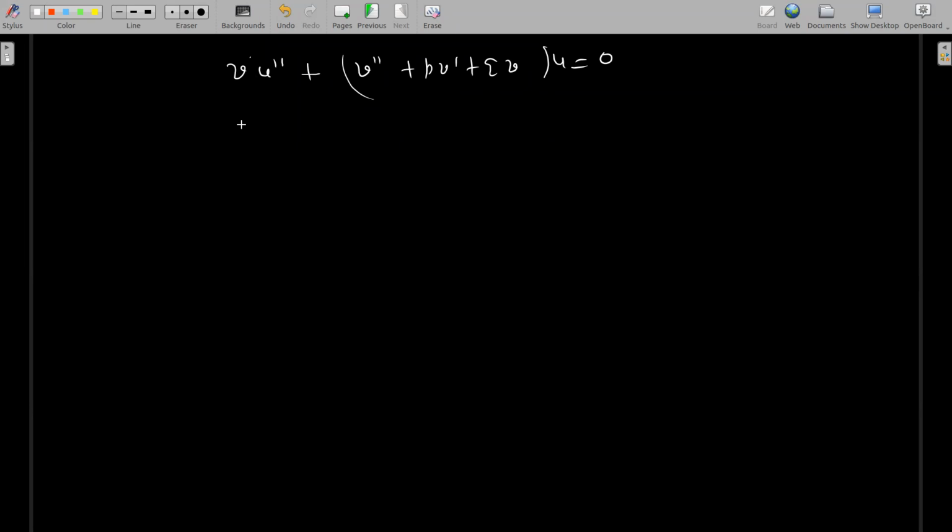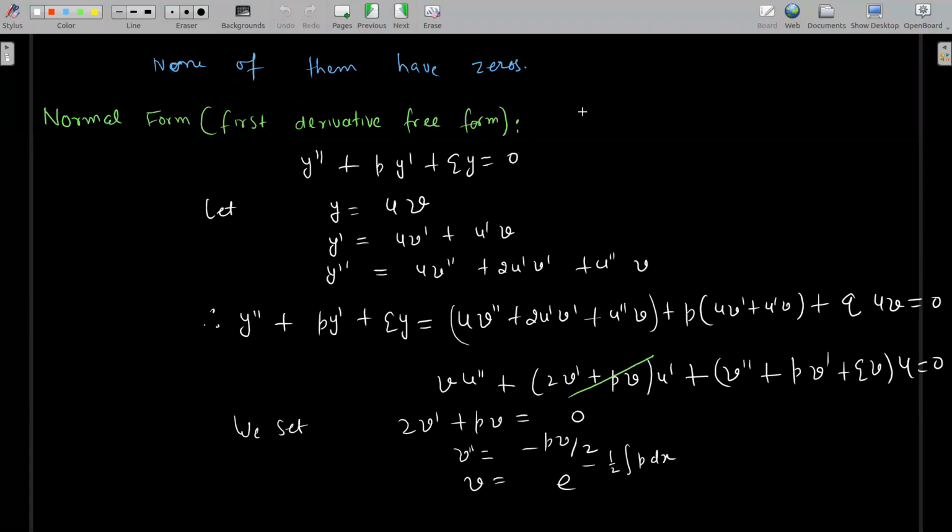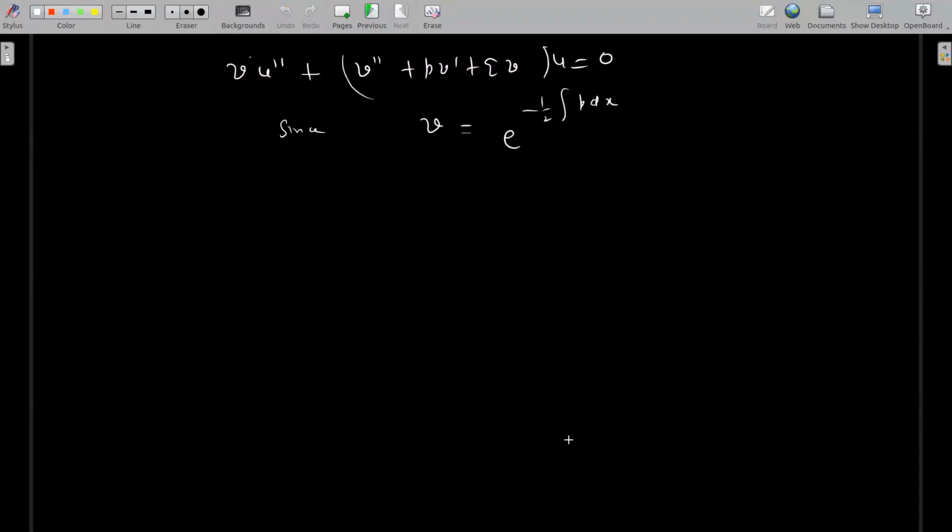Okay, so v double prime. Now either find the value separately, since you have written v equals to e to the power minus 1/2 integral p dx. And if you go to the previous line, v dash is minus pv by 2, and differentiate it.